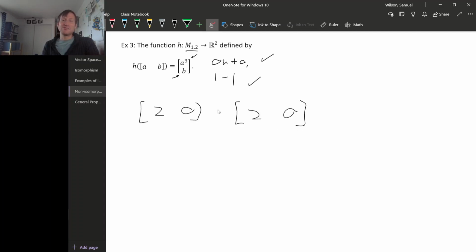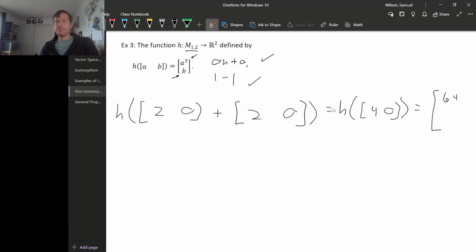If we add these two in M12 and then do h afterwards, what do we get? Well, if we add them, we get (4, 0). And then if we hit it with our function h, 4 to the third power is 64, I think. And then it just copies the second entry, so (64, 0).